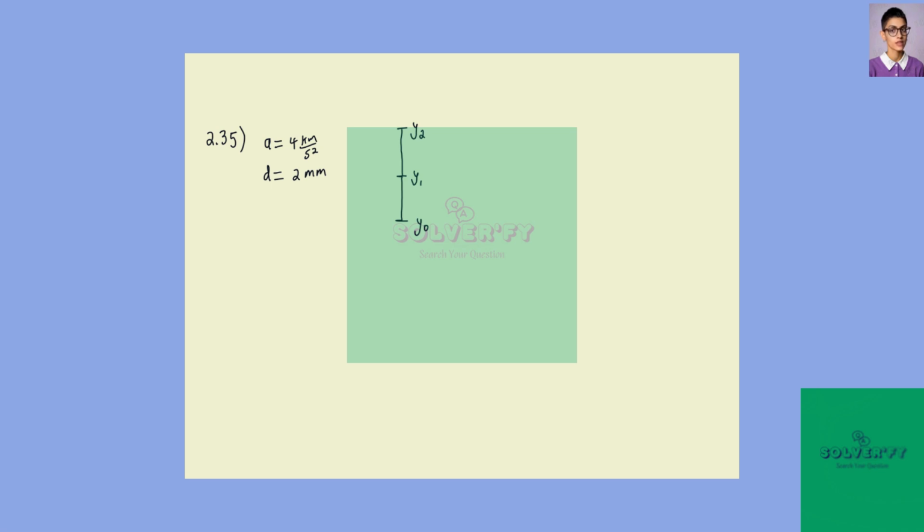So we're trying to find the max height it can jump, which is essentially the difference between y2 and y1. It makes sense for us to say y1 equals 0. That means y0 is negative 2 millimeters, so it's negative 0.002 meters.